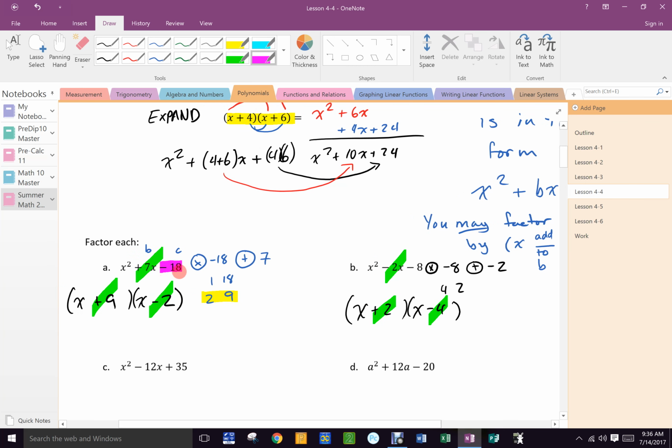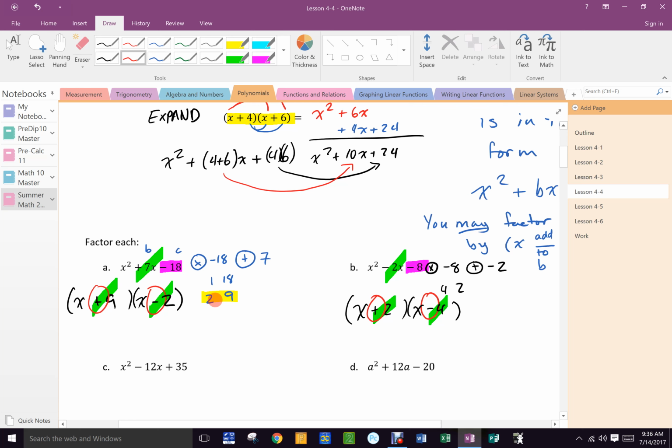Now you should have noticed something. That last term is negative, isn't it? What did that do to our numbers in our factors? Those two are both negative, right? When we factored it, we had to have one of each sign, didn't we? So if it happens twice in math, how often does it happen?